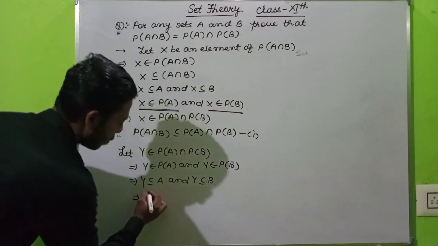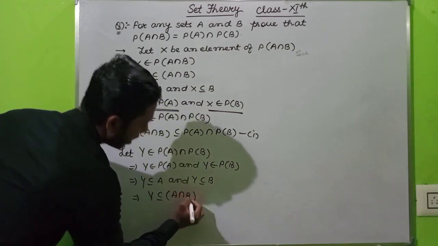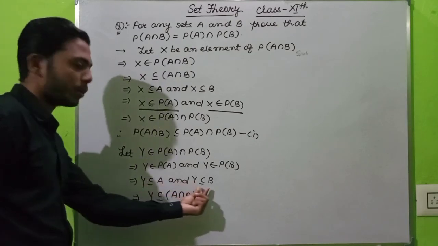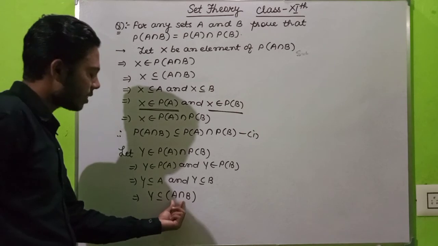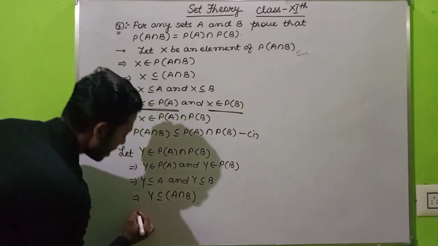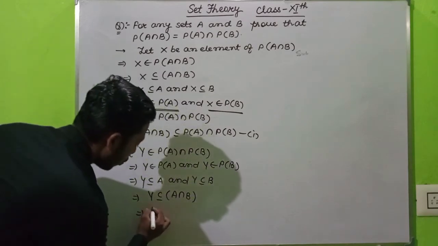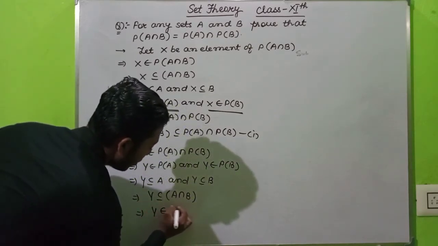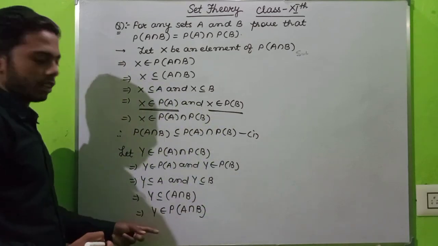So we can say that Y is a subset of A intersection B, क्योंकि A में भी Y आ रहा है और B में भी आ रहा है, यानी कि दोनों का कॉमन एलिमेंट है Y, तो वो कॉमन इंटरसेक्शन का सबसेट होगा. So we can say that if Y is a subset of A intersection B, so Y will be an element of power set of A intersection B.